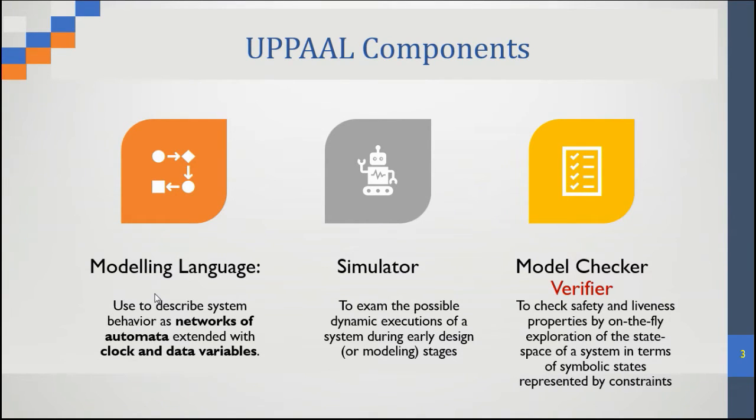So in the modeling language, we develop the timed automata. Since the modeling using Uppaal is based on timed automata, and the model is a collection of timed automata, we should learn everything related to timed automata.